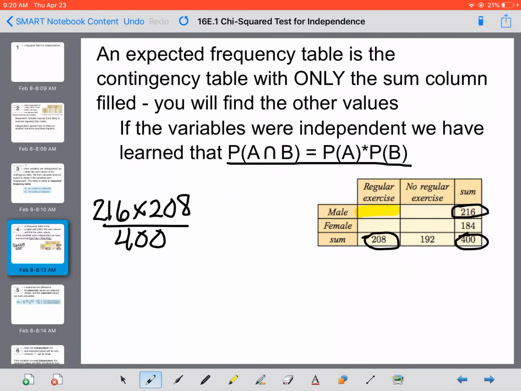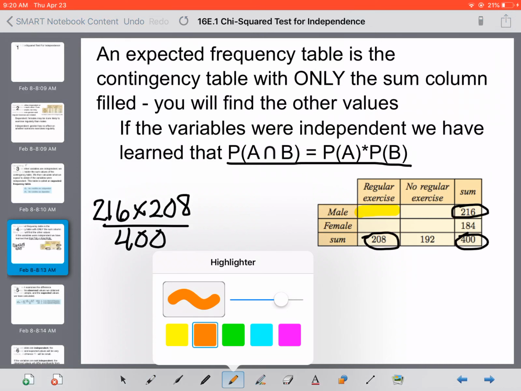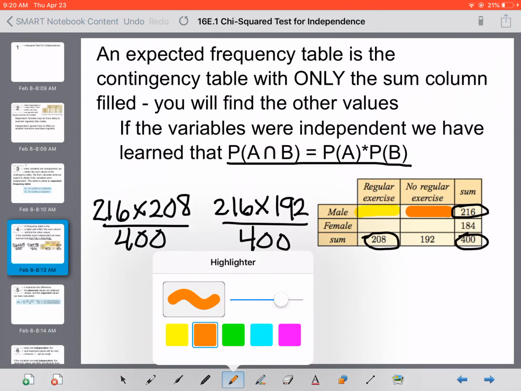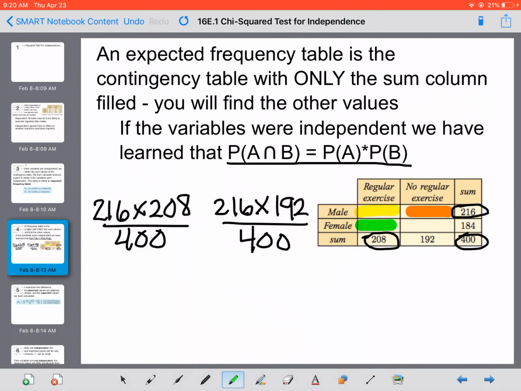The next one, let's go orange, the orange is going to be our 216 times 192 divided by 400. If we do female exercise, well, the total amount of female is 184 times the total amount of regular exercise is 208 divided by 400.